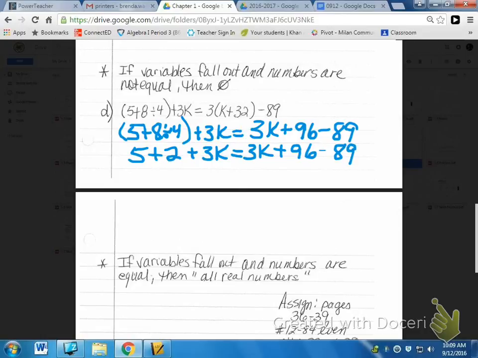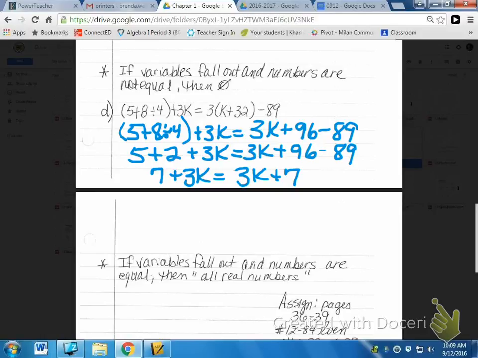Now it says combine like terms on the left. What would we combine? 5 and 2 would be what? So 7 plus 3k. And on the right, combining like terms, what would we have? 3k plus 7.